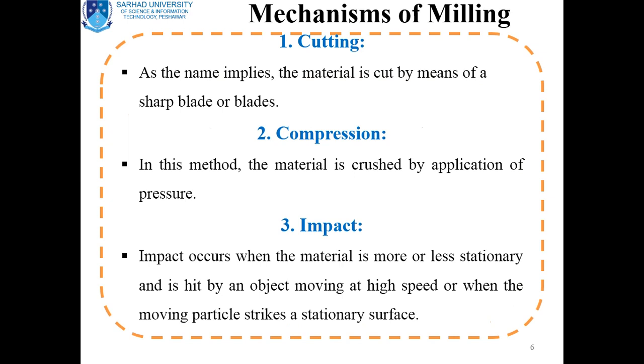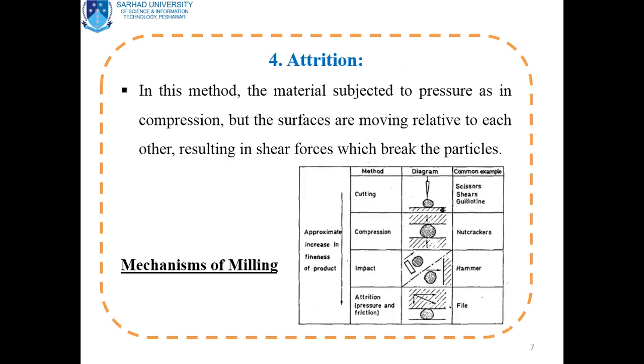We have discussed cutting in detail, where the material is cut by means of sharp blade or blades. In compression, the material is crushed by application of pressure. In impact, the material is more or less stationary and is hit by an object moving at high speed, or in the second case a moving particle strikes a stationary surface, like we have studied in the hammer mill.